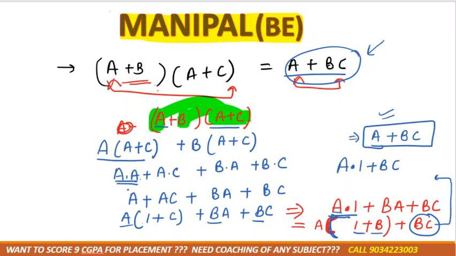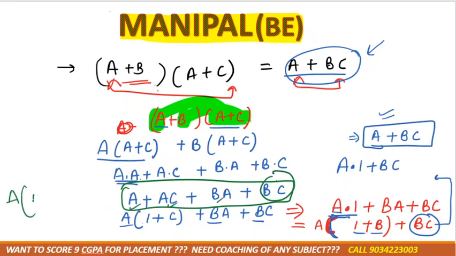As you already know, in this step we need BC, so don't touch BC. From all these other terms we can take A common, so it would be A(1 + C + B). As I told you, if I add 1 to any term, that will remain 1. So ultimately we'll get A from here and BC from here. It's our final and required answer, correct?